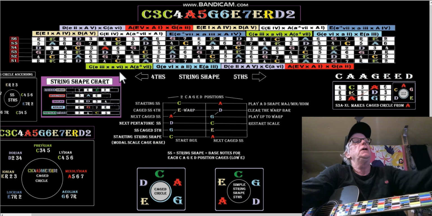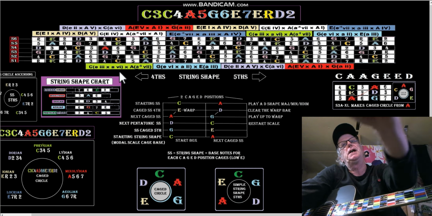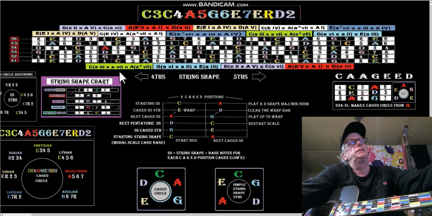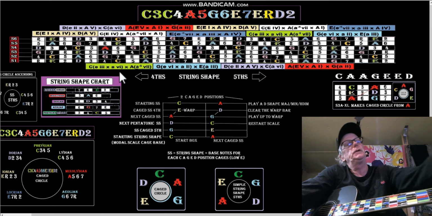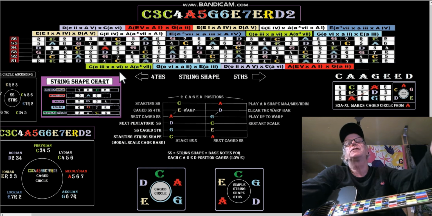There's no way around it. You can't go through your life just pentatonically like that. You have to do the entire scale, all seven. So you got to add the fourth and the seventh.